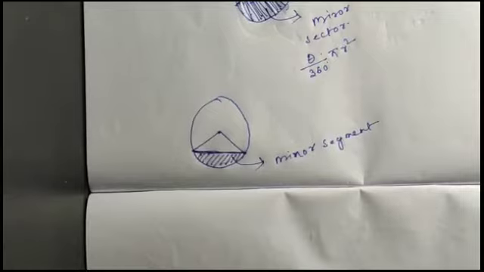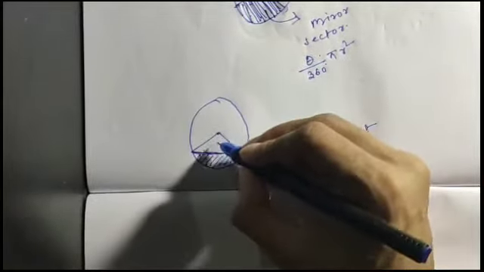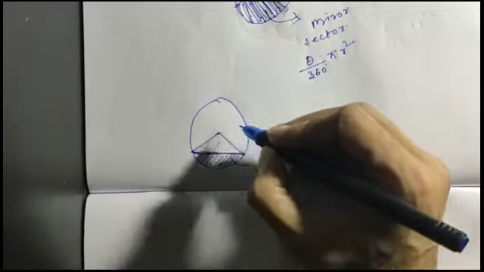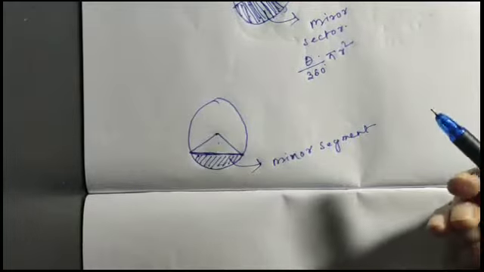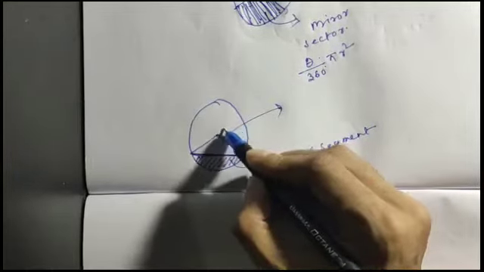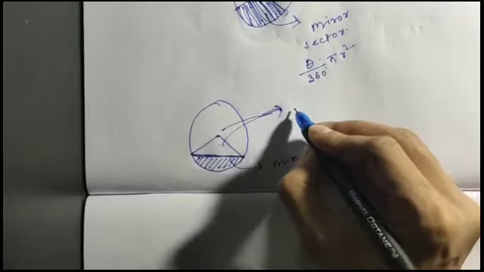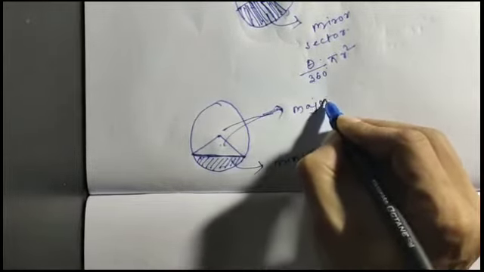And this unshaded portion, the triangle and the remaining circle together, is called the major segment.